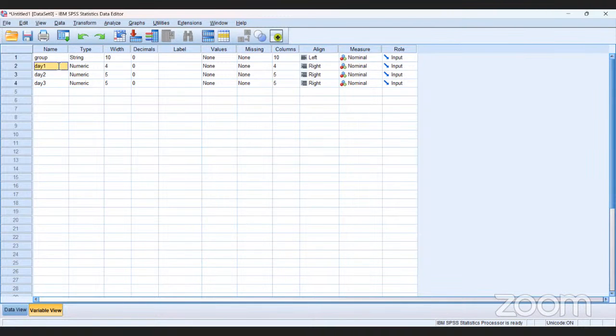Next one, day 1, day 2, and day 3. They are the numeric data. And all the data will be the nominal. Okay.